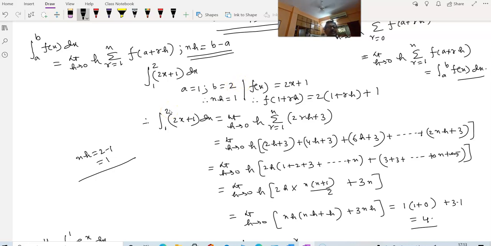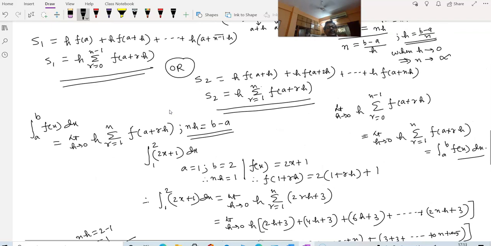But to start the chapter, why definite integration? You must remember this. So long as you study calculus, this concept will help you: it is nothing but the limit of a sum. What limit? The limit h tending to 0, sum r equal to 0 to n minus 1 f of (a plus rh), or r equal to 1 to n f of (a plus rh). Okay.